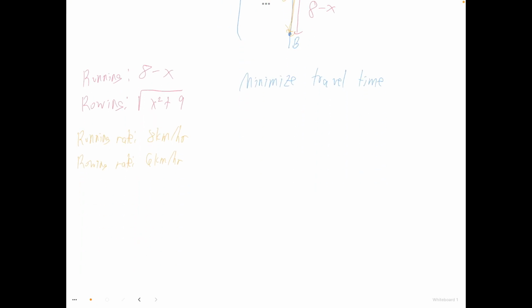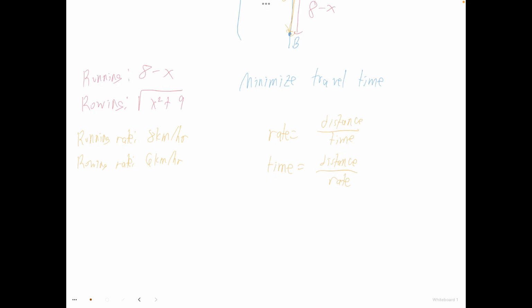Okay, and so we want to figure out time. Well, we know that the rate that you move at is equal to your distance divided by time. And so solving for time in this equation, we get time equals distance divided by the rate.